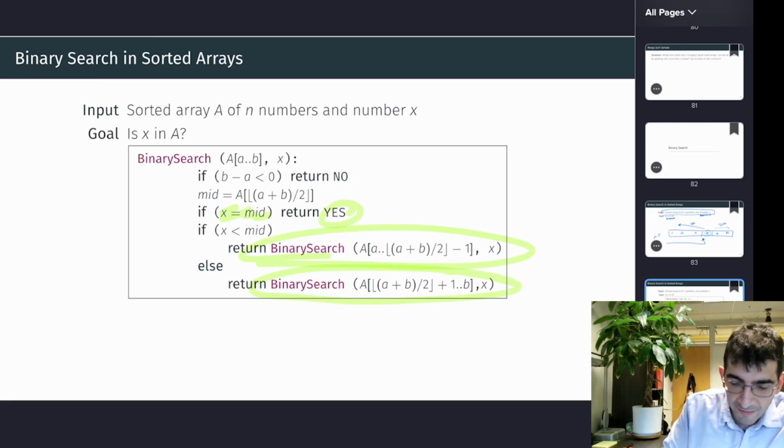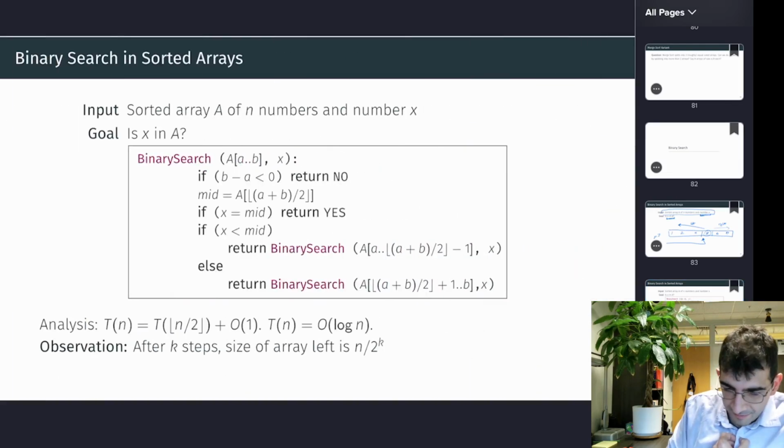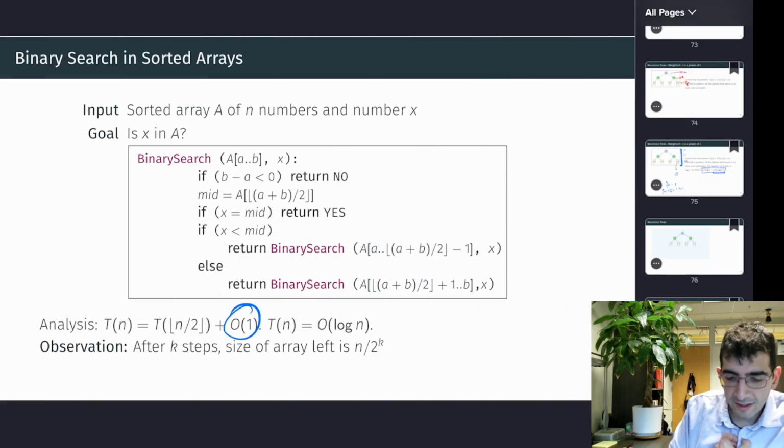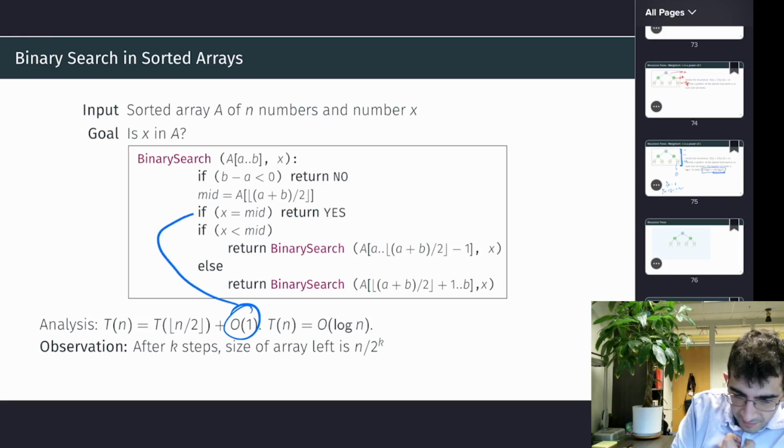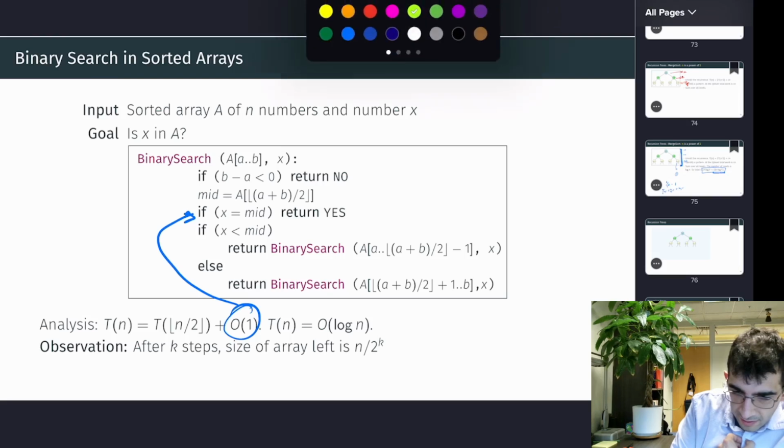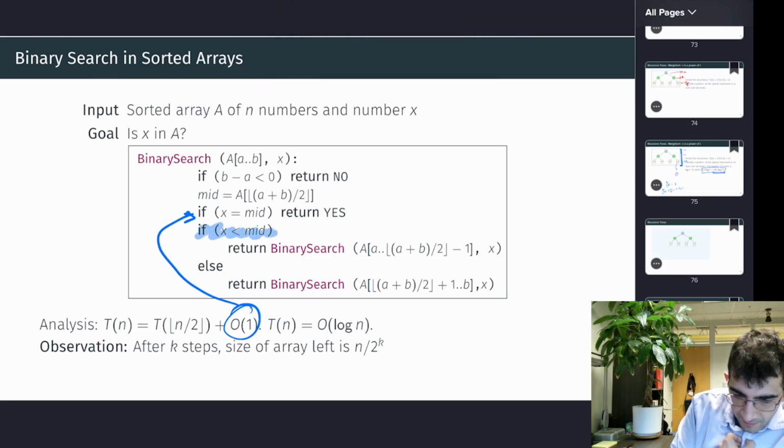Well, we could describe it very easily, right? We could say that O of 1 running time, we only do one bit of work here, which is simply this comparison. This comparison right here is the only work that's completed.